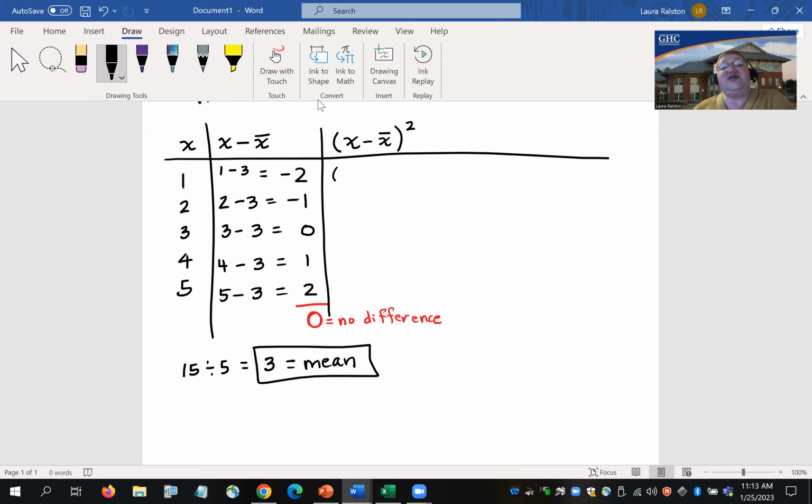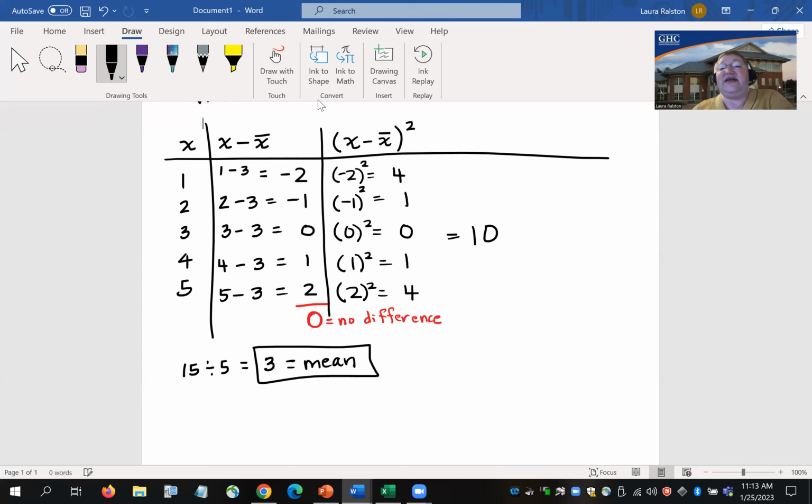So -2 squared gives me 4. -1 squared gives me 1. 0 squared is 0. 1 squared is 1. And 2 squared is 4. So now all of my numbers are positive. And if I add those up, I get a value of 10.